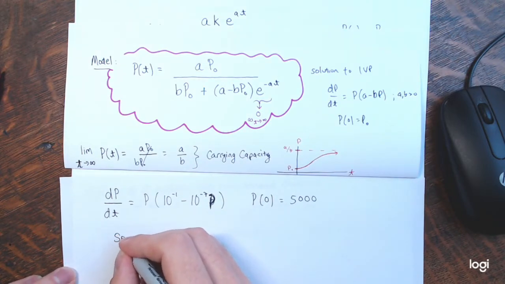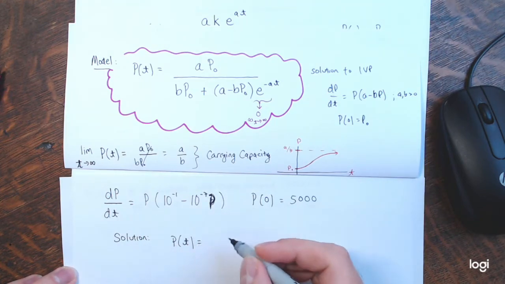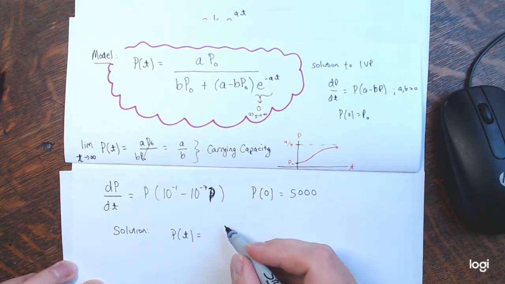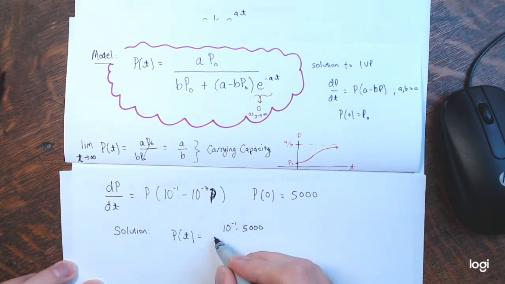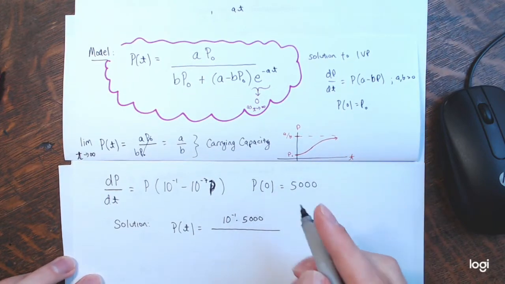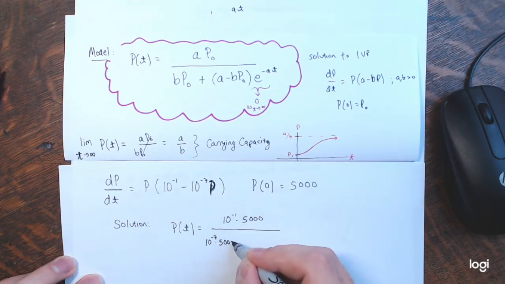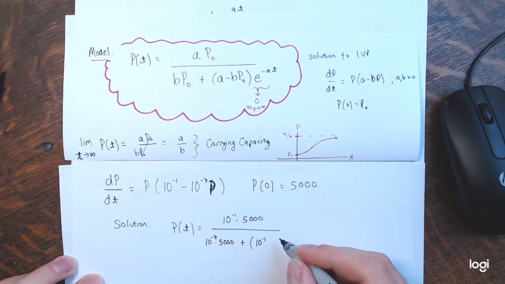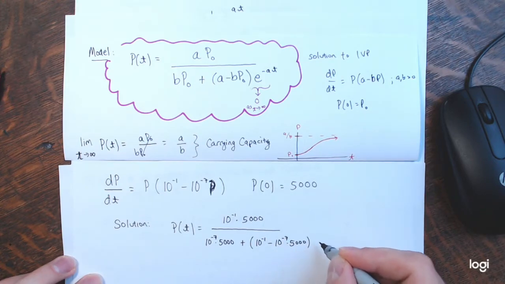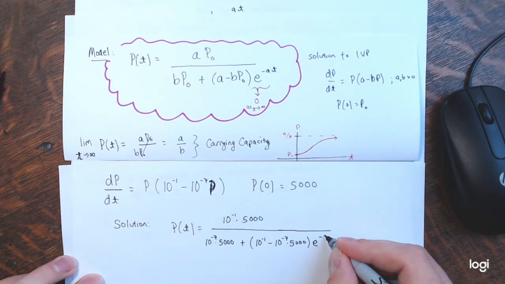So the solution to this IVP we can jump to right away is P of t equals 10 to the negative first times 5,000, which we'll simplify in a second, of course, divided by 10 to the negative 7th times 5,000 plus (10 to the negative first minus 10 to the negative 7th times 5,000) times e to the negative 10 to the negative first t.